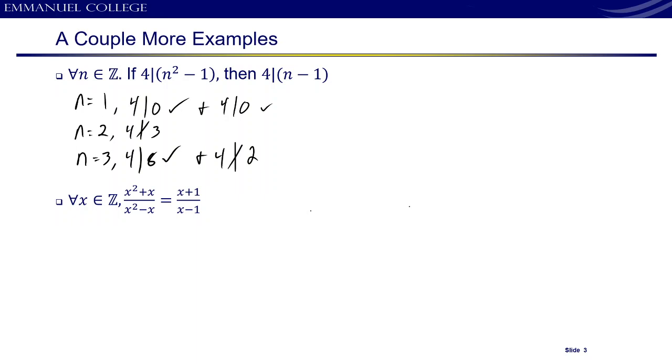What if I try all this? For this one, notice that it's x squared plus x divided by x squared minus x. So I could factor out an x from the top and from the bottom, and I would get x plus 1 over x squared minus 1, which is basically the same thing as this.